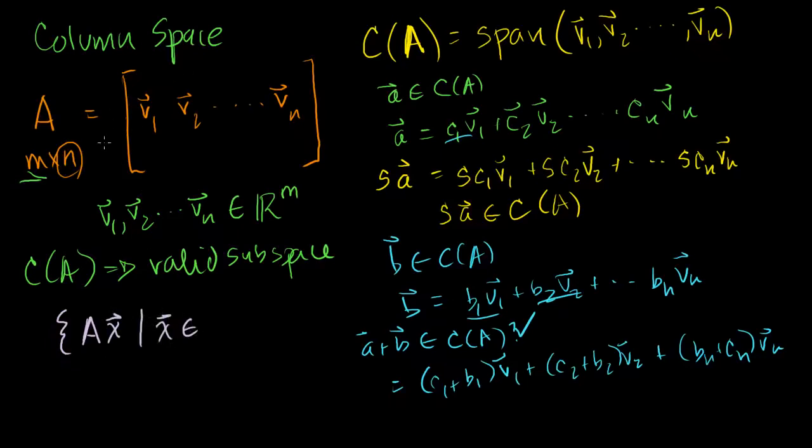Remember, x has to be a member of Rn. It has to have n components in order for this multiplication to be well defined. Let's think about what this means. This is the set.